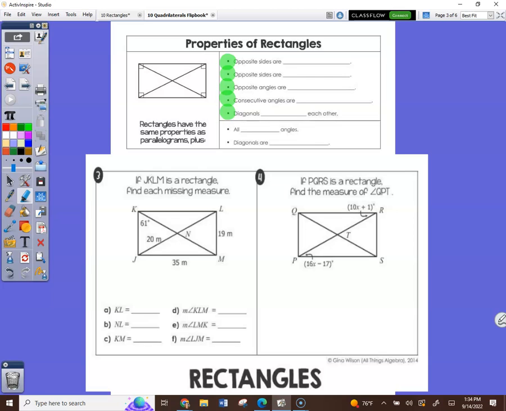We do have 2 additional properties to fill in. That's why it's written like this. You will notice it's the same, then there's a line, and then there's 2 by themselves. That's because these 2 specifically pertain to, I'm pointing to it, what? Rectangles. Thank you for filling in the missing word.